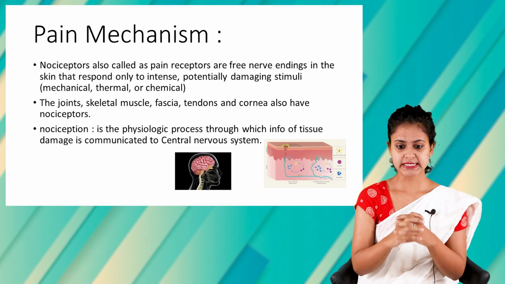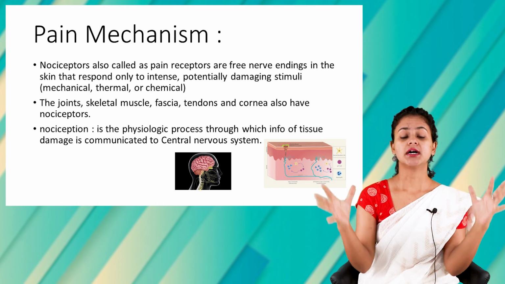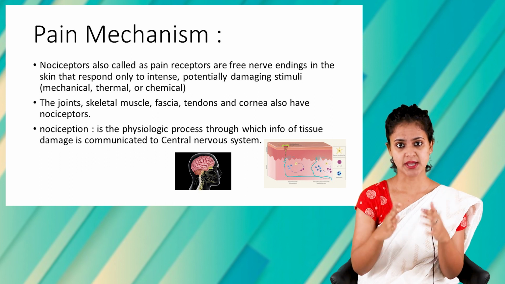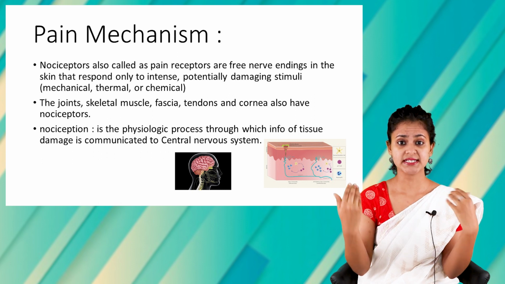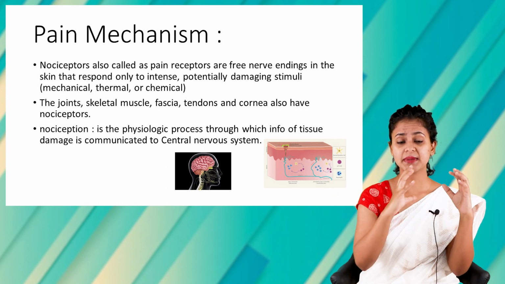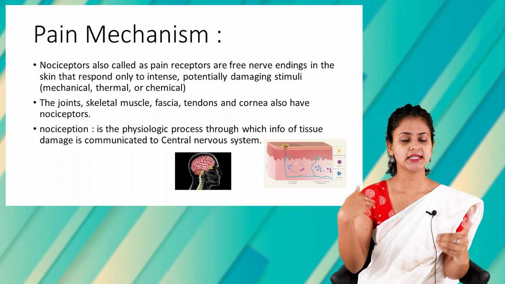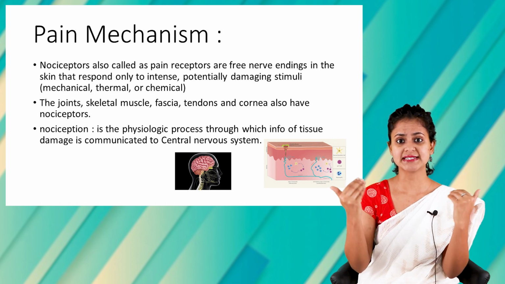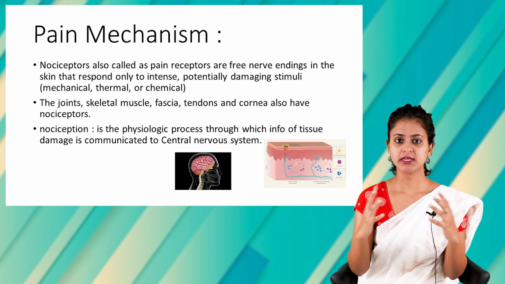Not only the peripheral skin, but the joints, the skeletal muscles, and even the tendons also contain nociceptors. Even the cornea and fascia contain these nociceptors. So I hope you are understanding. These are the basic parts from where the activation of pain stimulation is initiated once there is the presence of intense potential or actual damaging stimuli, which includes mechanical, thermal, or chemical stimuli.